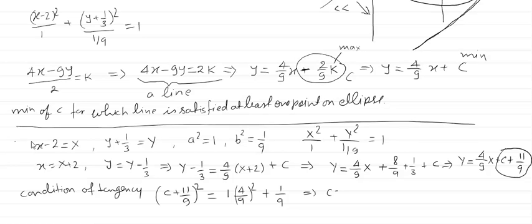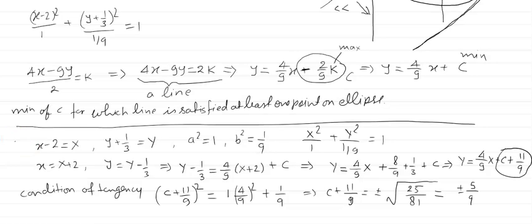This implies c plus 11 by 9 is equal to plus minus under root 16 plus 9, that is 25, over 81, so this is equal to plus minus 5 by 9.